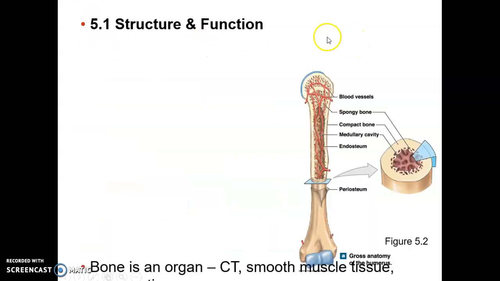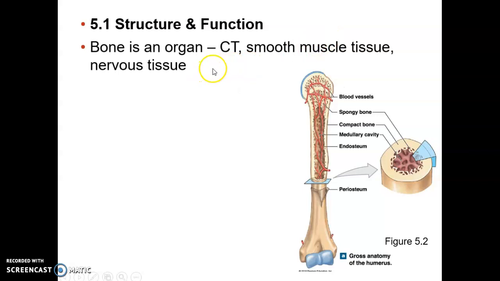Okay, overall structure. So a bone, a living bone in your body, is technically an organ because it has connective tissue, the bone, osseous tissue itself. At the articulation surfaces, joint surfaces, there's hyaline cartilage. The bone is covered with a sheet of periosteum, which is connective tissue.